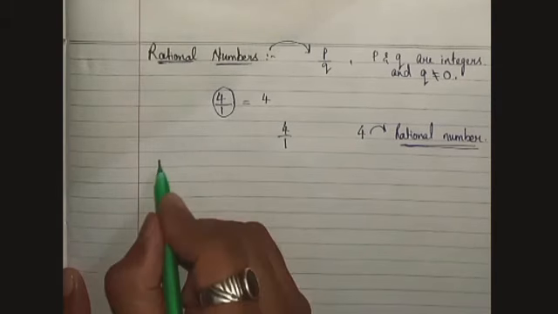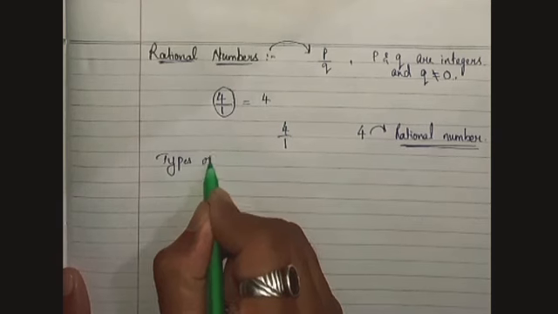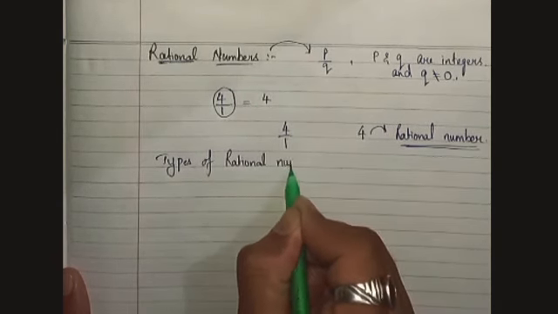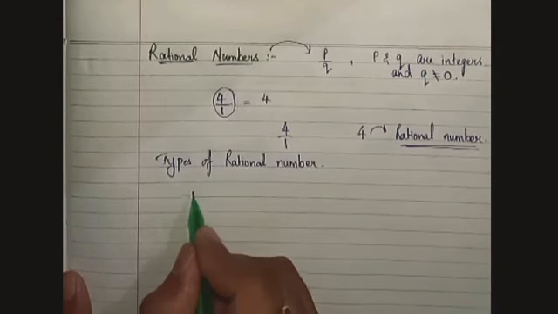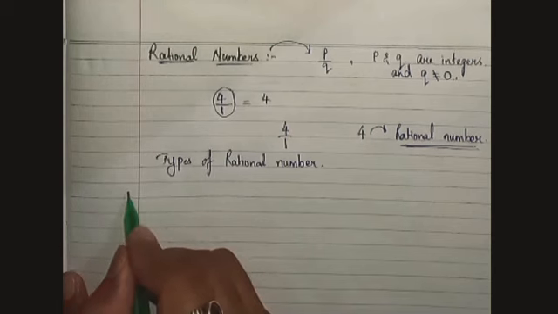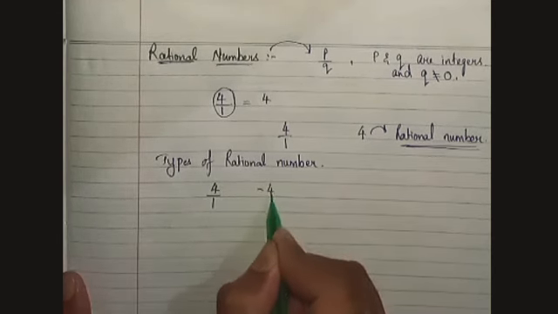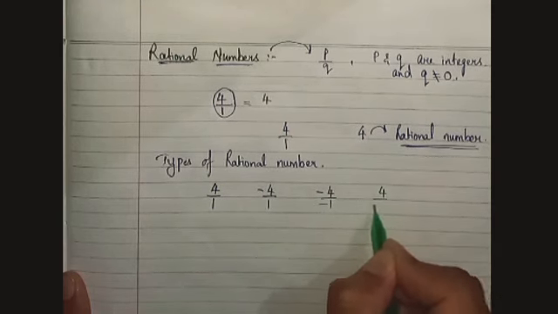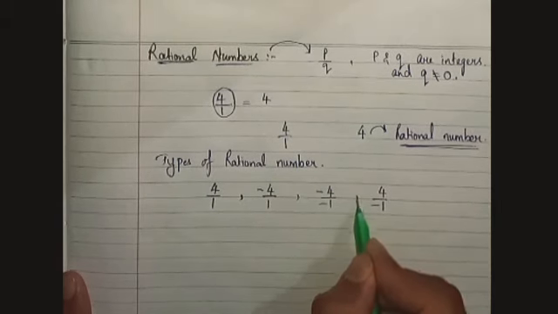Similarly, there are types of rational number. Now consider an example where I will give you these 4 sets of numbers.